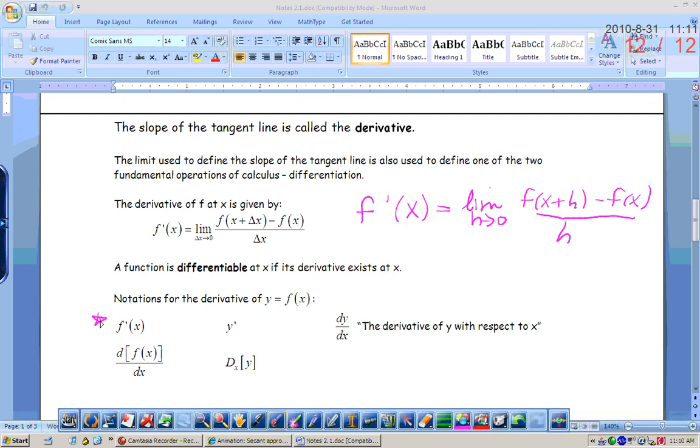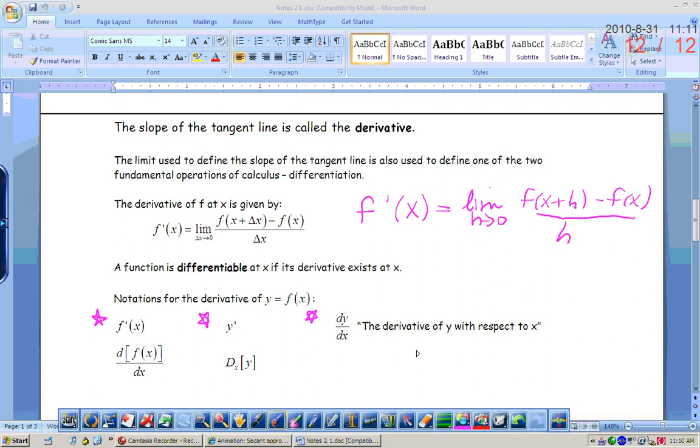I would say that the most common ones that you'll see are f prime of x. If your function is already written in terms of y equals something, then you would denote the derivative as y prime. And then the other one is dy dx. What that means is the derivative of y with respect to x. So y is the dependent variable and x is the independent variable.